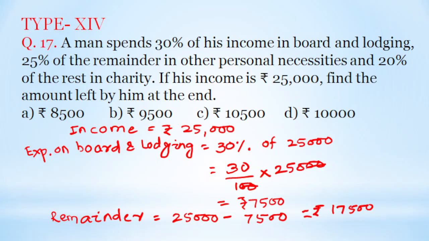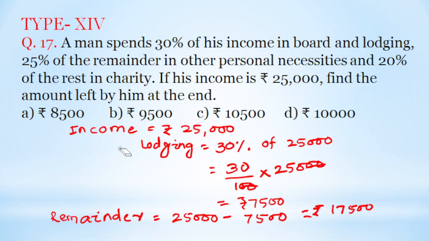Now, 25% of the remainder in other personal necessities. That means the man spends 25% of the remainder in other personal necessities.